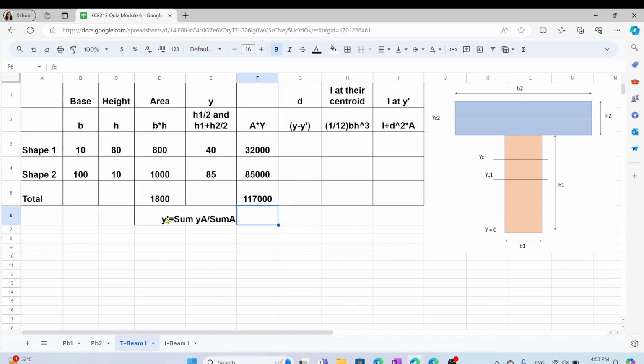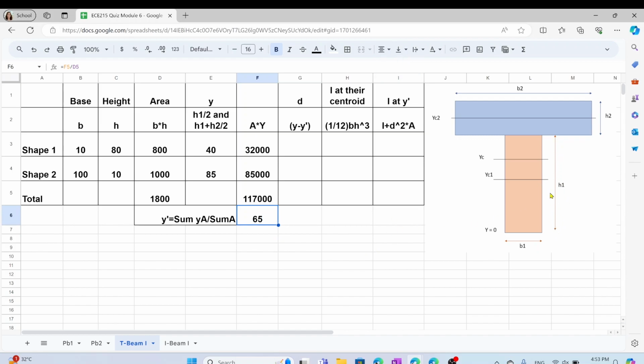And my y prime, or my y bar, it's usually y bar. It's easier to write y prime. Y bar equals the sum of the AY divided by the sum of the area. So it will be this one divided by this one. Enter. So 65, does that make sense? 65, that makes sense because H1 is 80.